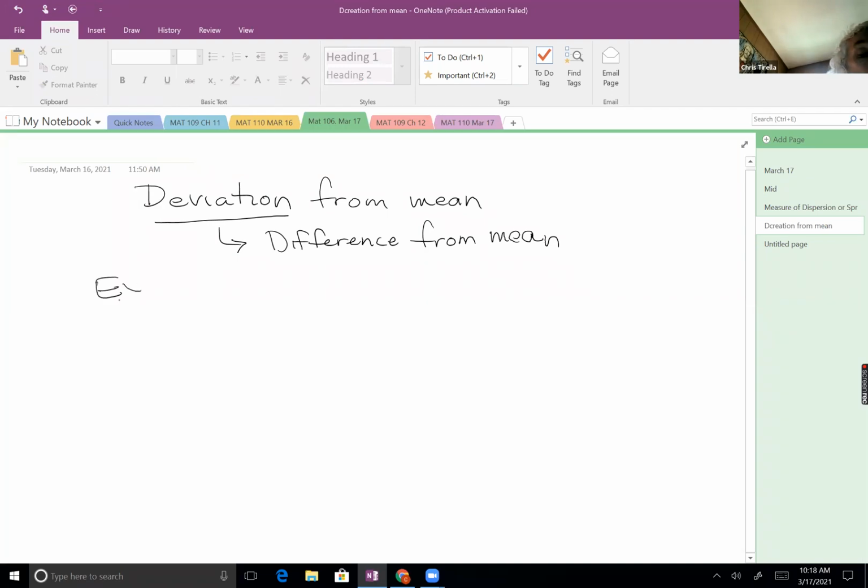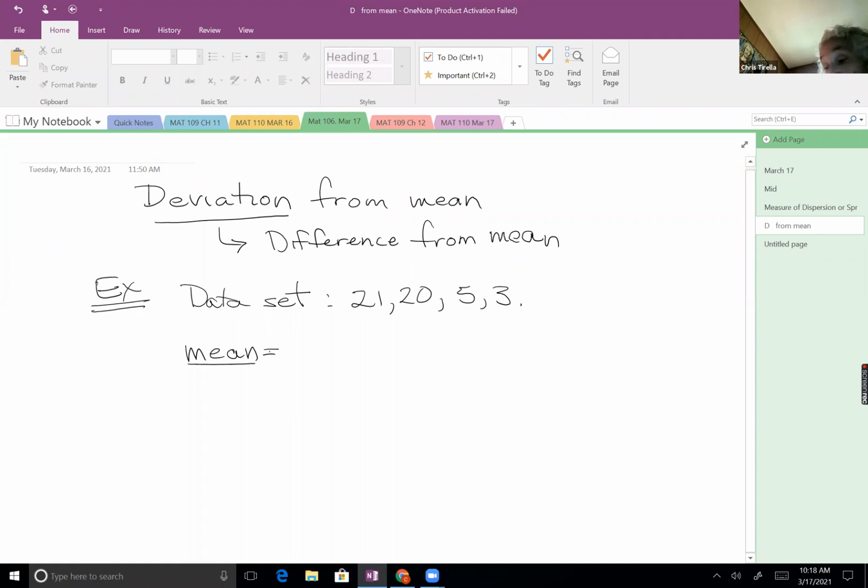So let's say, for example, I have a data set, and let's say I have the numbers 21, 20, 5, and 3. Can you folks please take a minute and tell me what the mean is for this data set?